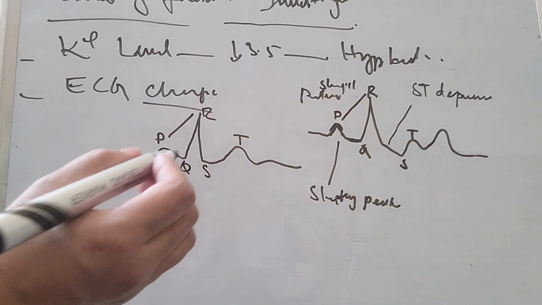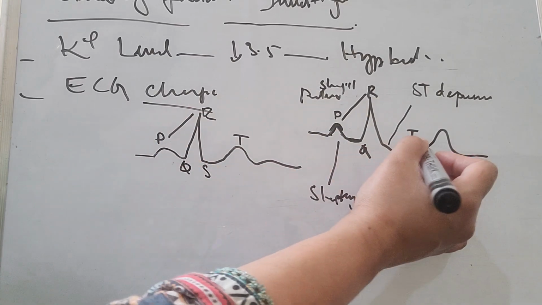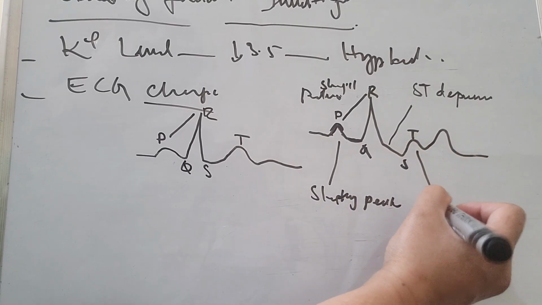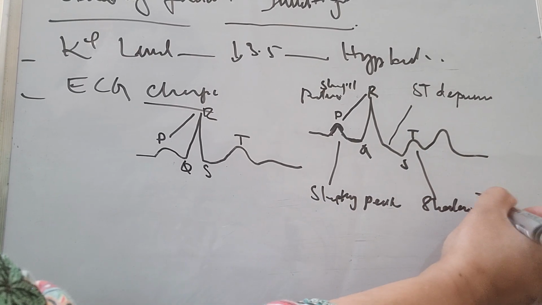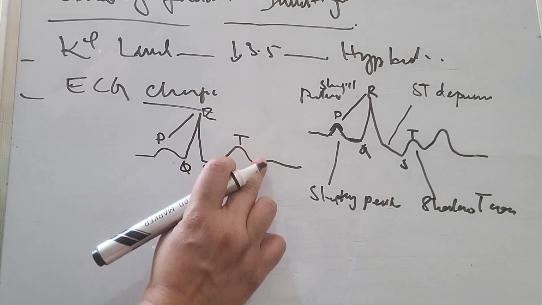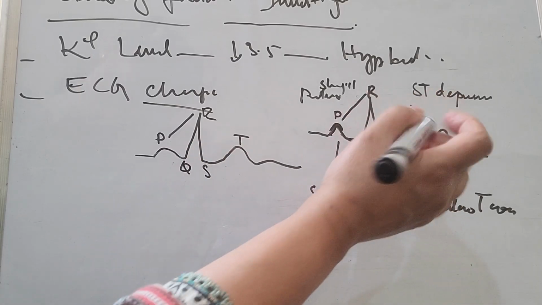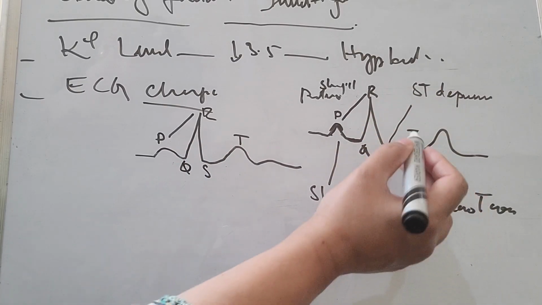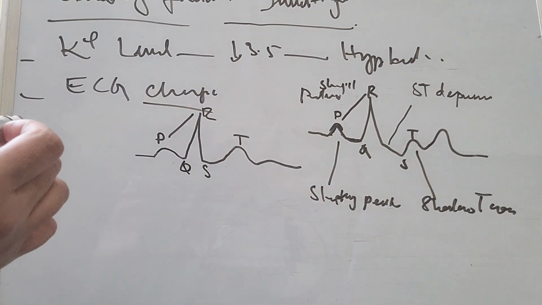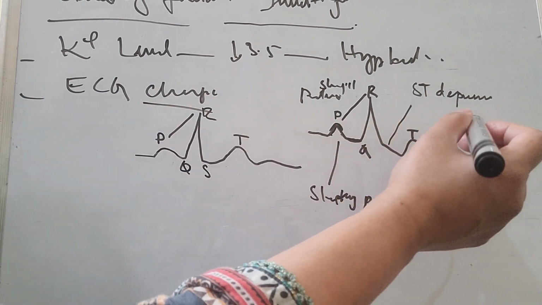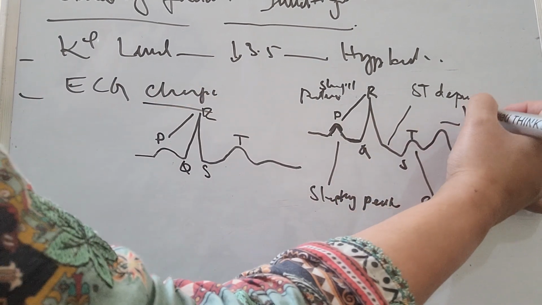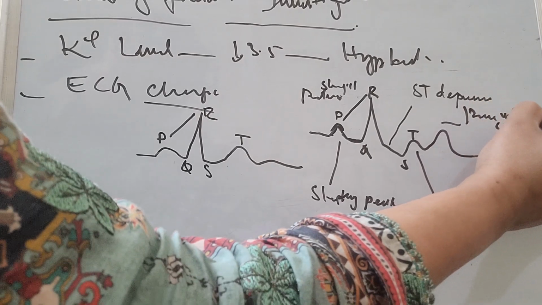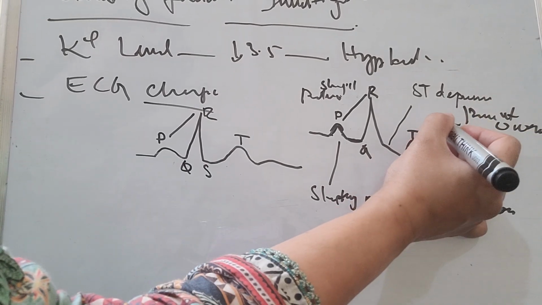ST depression, shallow T wave. There is a good P wave, but the T wave is shallow because of the ST depression. Prominent U wave. This is U.